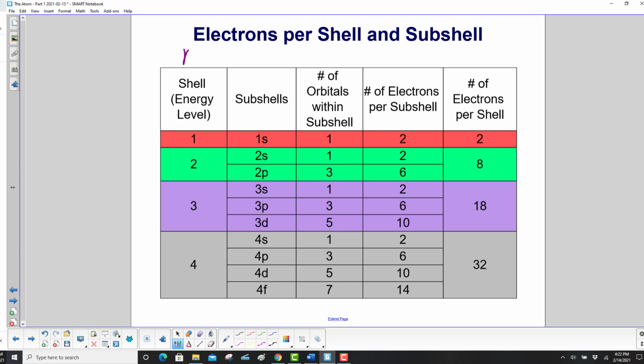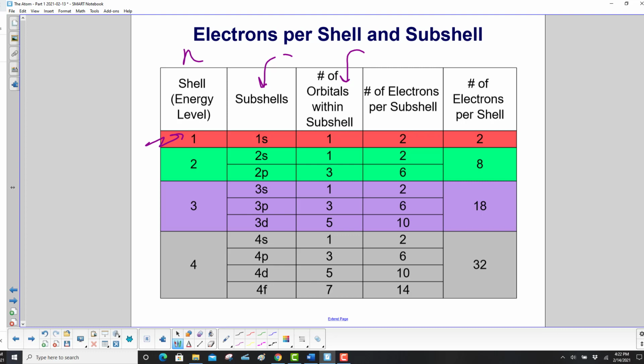Right? Here's n, here's our shell, energy level. Then we have our subshells, the number of orbitals within the subshell, the number of electrons per subshell, and finally we total it up per shell, the number of electrons. So here we go, n equals 1. All you have is one s. You have one orbital, and there are 2 electrons per the subshell.